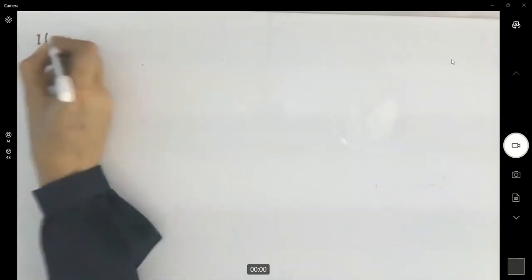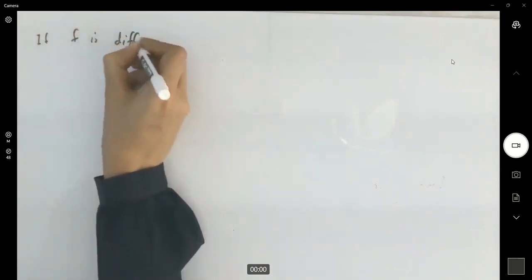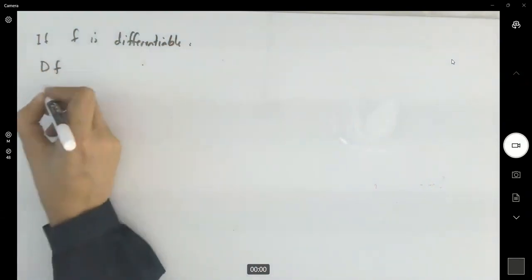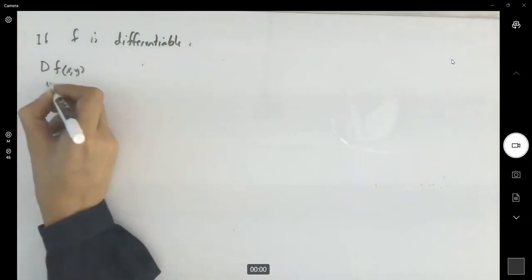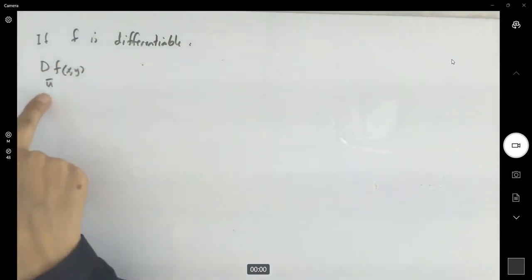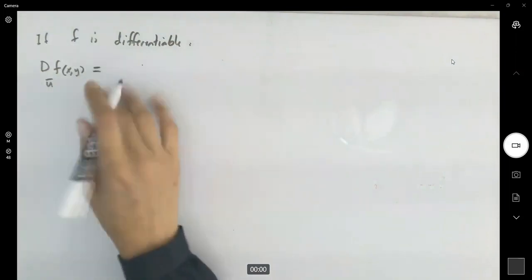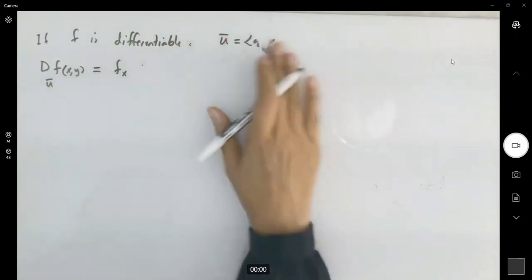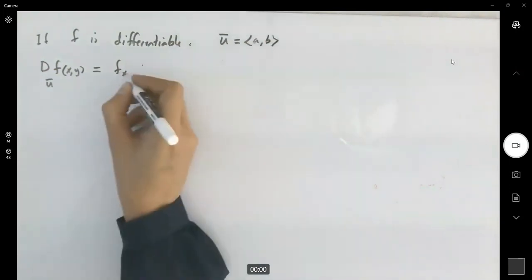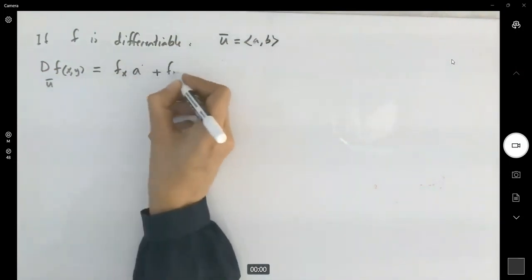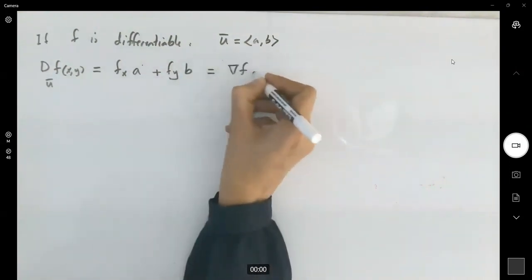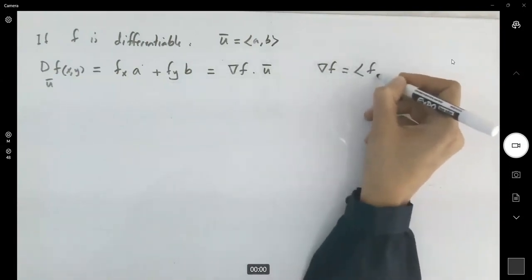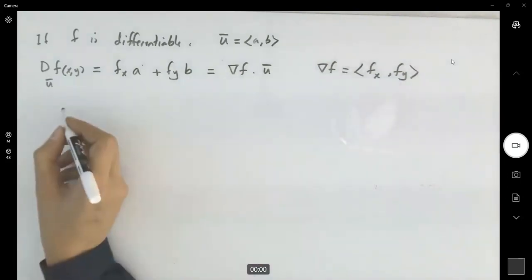So if f is differentiable, the directional derivative of f at any point in the direction of unit vector u, guys, u needs to be a unit vector, is equal to f of x times a plus f of y times b, where u is a comma b, or the gradient of f dot that vector u, where the gradient of f is the vector function f of x, f of y.